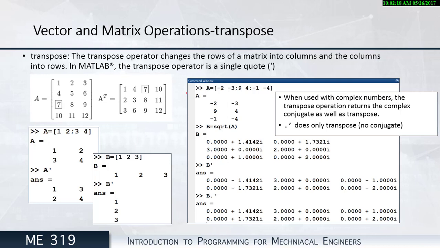Another example shows that the transpose operation for a complex number matrix will do two things. For each element, it will do the complex conjugate and transpose. However, if you put a period in front of this transpose, it will do just the transpose, not the conjugate.